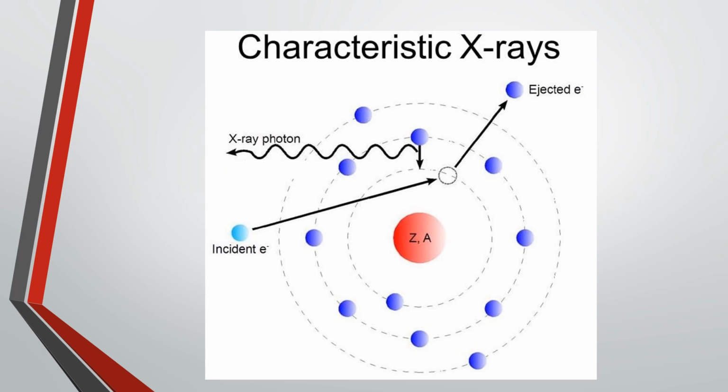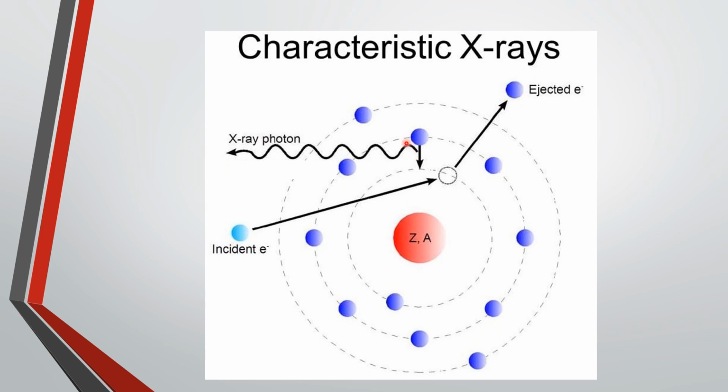So this is a picture of characteristic X-ray production happening. As we can see, the incident electron comes into an atom of the target on the anode, and it has enough energy to remove, in this case, an inner shell electron, and it gets ejected. This is called the ejected electron now.